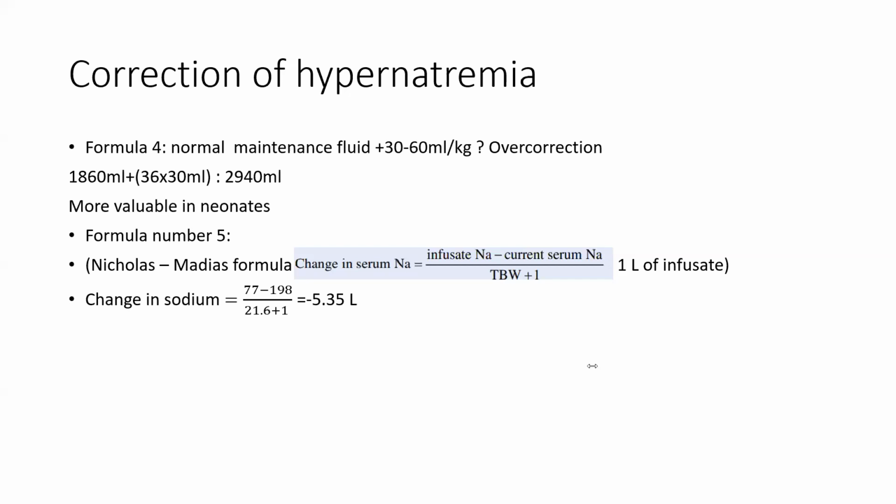If you are supposed to give, for example, 200 mils, and the child was able to take 100 mils orally, you subtract that 100 mils and give 100 mils. So it is always better to have the input and output chart, and daily, even sometimes twice daily, sodium levels, to adjust your fluid according to the result and according to how the patient is improving in terms of oral or parenteral nutrition feeding.